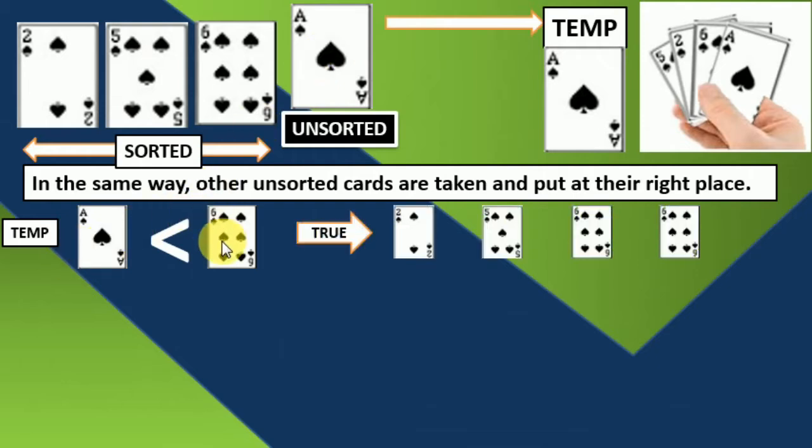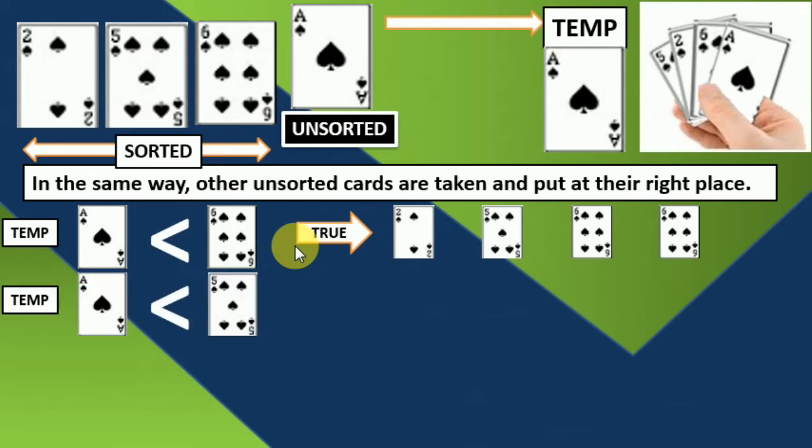The condition is true. So what will happen? This 6 is shifted to the right side, overriding the value on the right. So there are two 6s. This 6 on the left side of the sorted part is shifted to the right, and the 6 is also there, which we leave as it is.